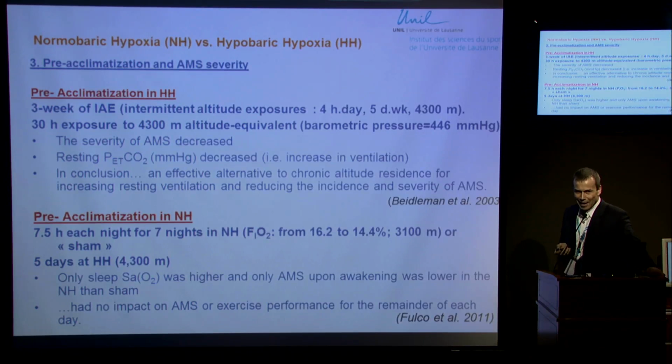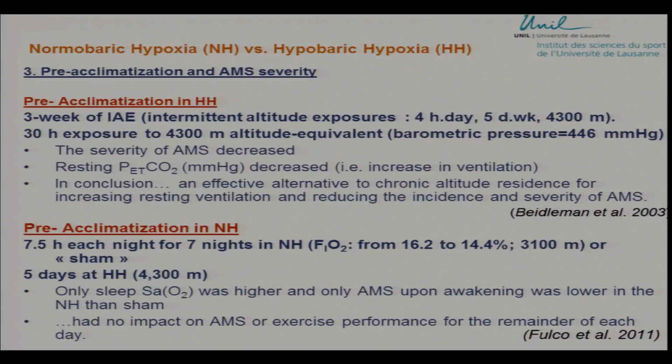More clinically relevant, and I think stronger in terms of evidence, are the differences in pre-acclimatization strategy on the acute mountain sickness severity. This data comes from the team of the US Army. They use, as you know, Pikes Peak at the altitude of 4,300 as their research location.